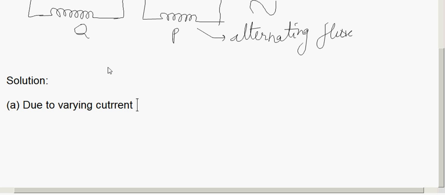You can write either varying current or alternating current. Due to varying current in coil P, the flux linking coil P changes, or the flux linking coil Q also varies.